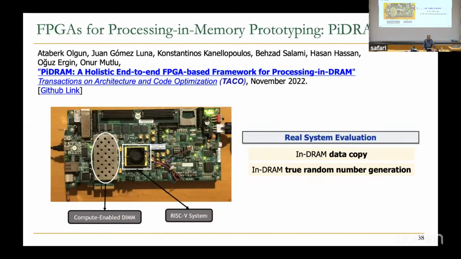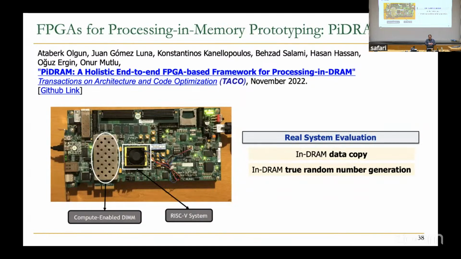Okay. You can also use FPGAs a lot for prototyping. This is one example where we designed a prototype for processing using DRAM. We showed a holistic end-to-end FPGA-based framework for processing in DRAM, where you use your DRAM in order to do computation. You may not know completely what that means exactly, but essentially you are using your DRAM to do computation.